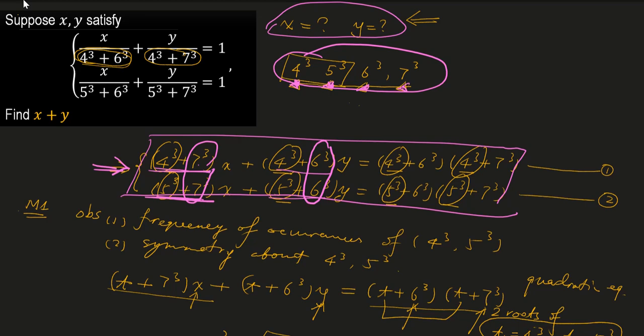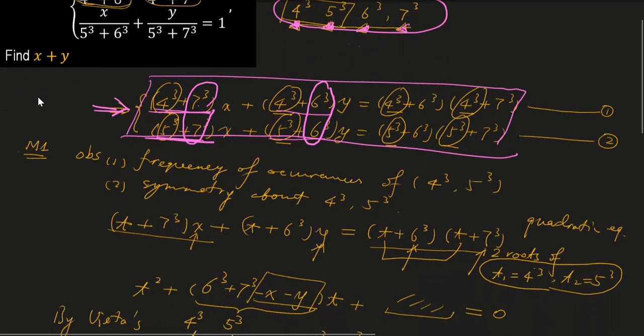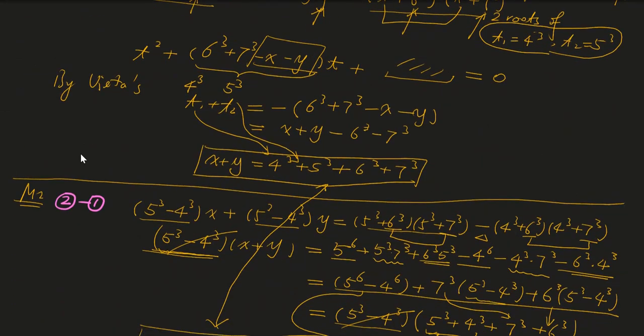While in the second method, we found a way to make the coefficients of x and y the same by subtracting the first equation from the second equation. Therefore, we can factor out these common coefficients, which is this thing, 5 cubed minus 4 cubed.